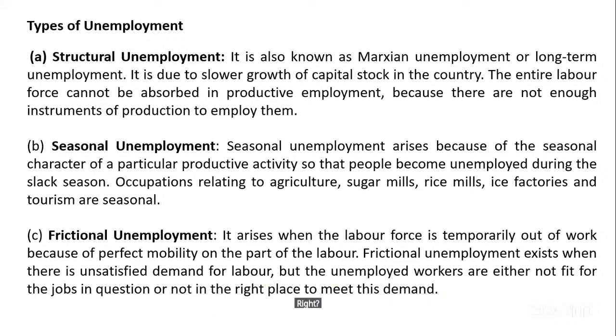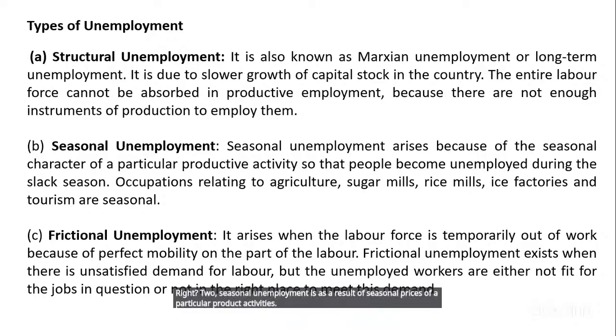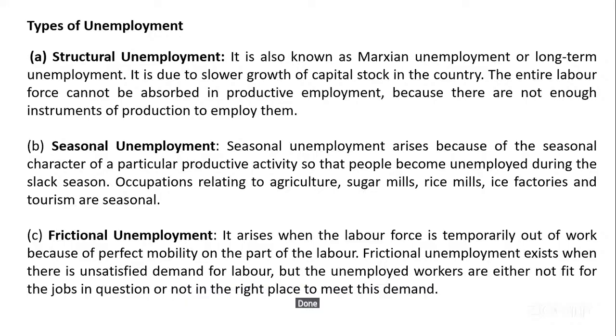Second, seasonal unemployment is a result of the seasonal characteristics of a particular product's activities, so that people become unemployed during the slack season. An example is the rainy season and dry season. During the rainy season, agricultural practice employs more workers, which means a reduced unemployment rate.